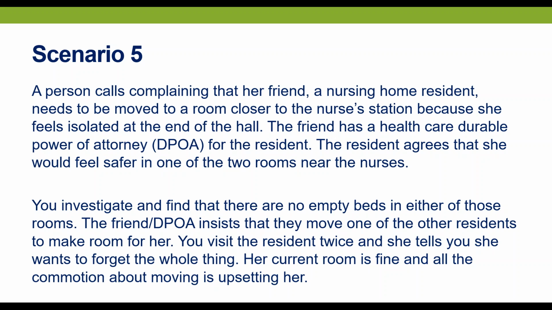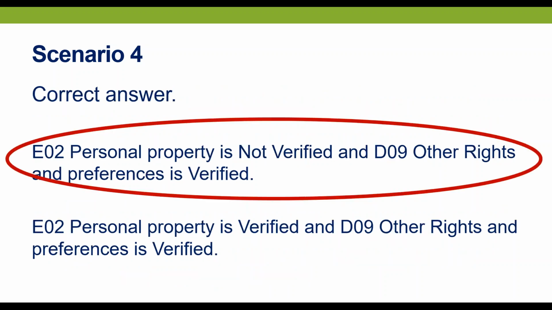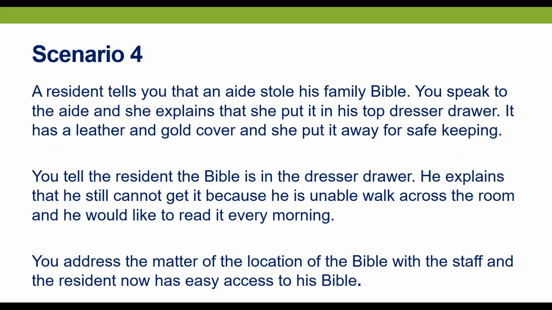So another question about scenario 4, and I love how detailed y'all get. This is a good example of how you're all great advocates. Quick question about scenario 4: it does not indicate the Ombudsman verified the Bible is actually in the dresser drawer. Yes, I think that's an assumption that can be made for the purpose of this training, that the Ombudsman actually did verify that before speaking with the resident.